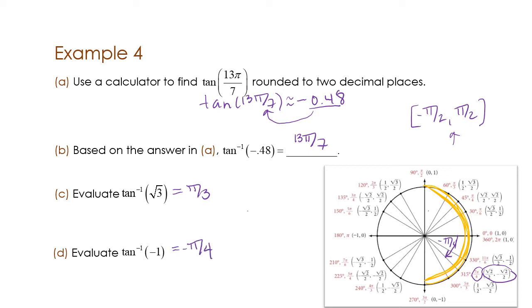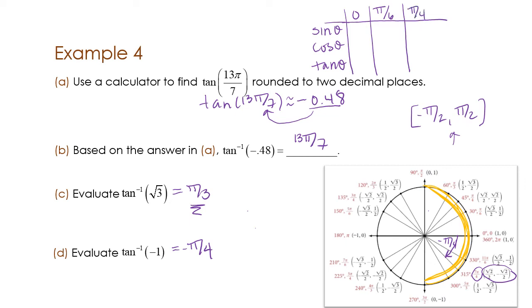And if you're wondering how the heck I got pi over 3 really fast, this is, again, that table that I taught you guys all the way back on the first day. We've got 0, pi over 6, pi over 4, pi over 3, and pi over 2.